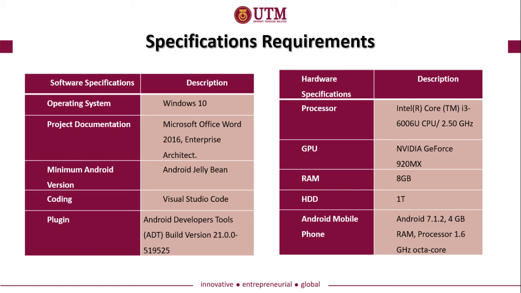I also used the Android version of Android Jelly Bean to be used as an emulator. For the coding of the system, I will use Visual Studio Code, and the plugin is Android Developer Tools.